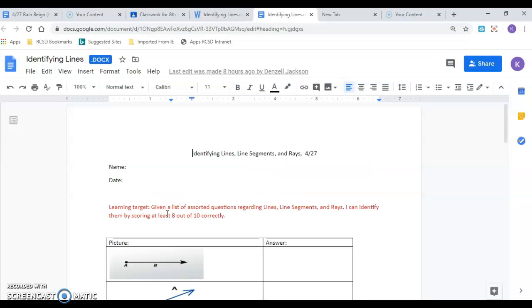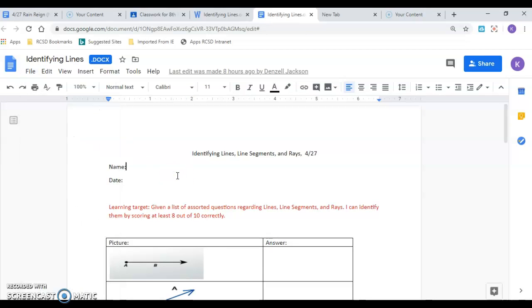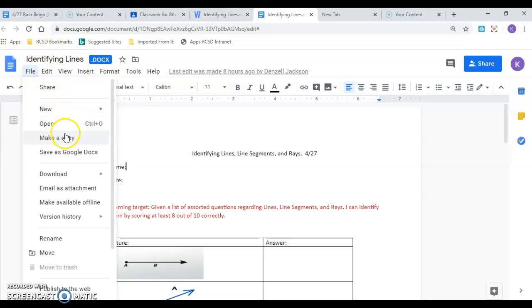Now I don't have to do this because he's already shared it with me, but you won't be able to type in here. So you're going to want to go to File, Make a Copy. I'm going to show that again. You shouldn't be able to type in this document. You're going to need to go to File, Make a Copy.